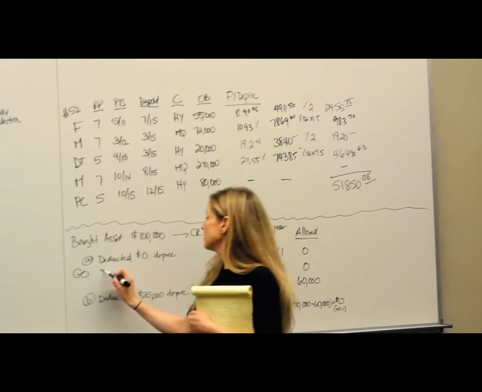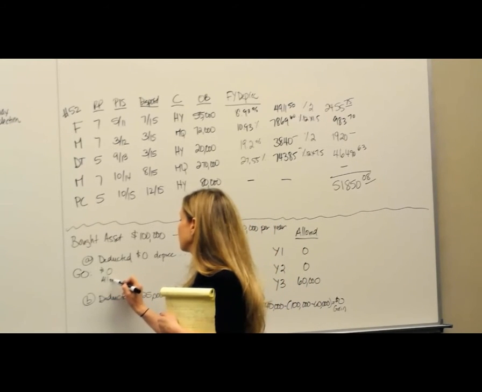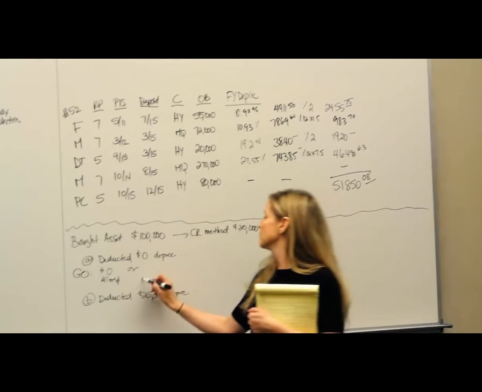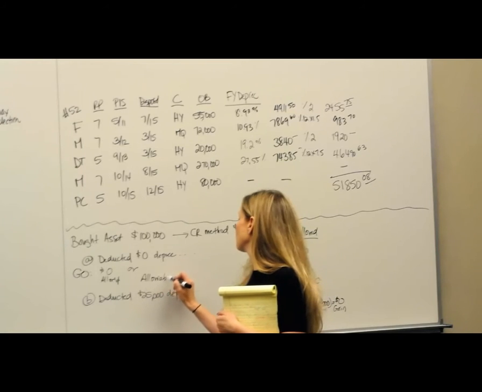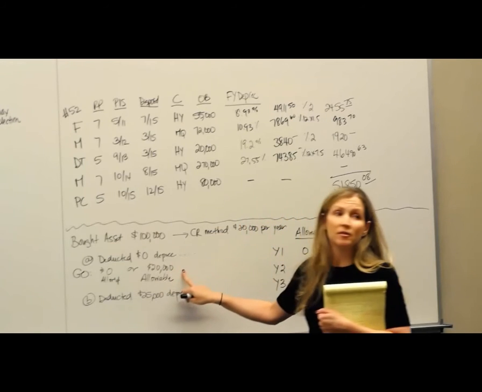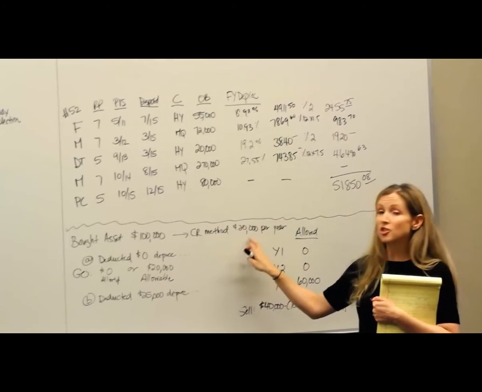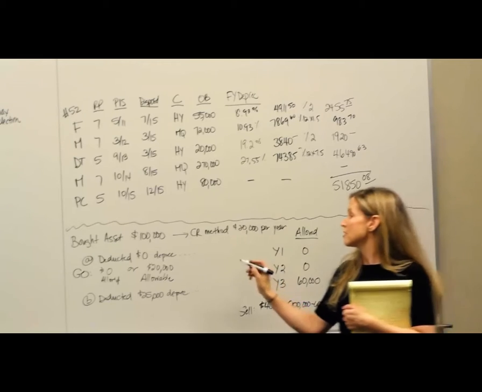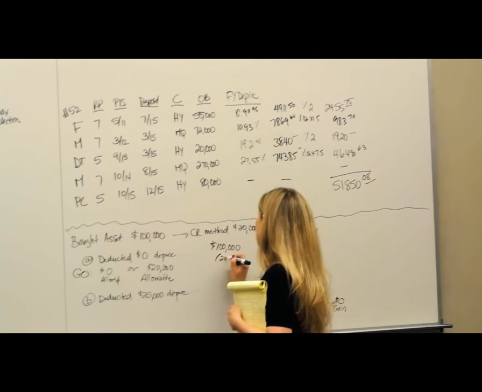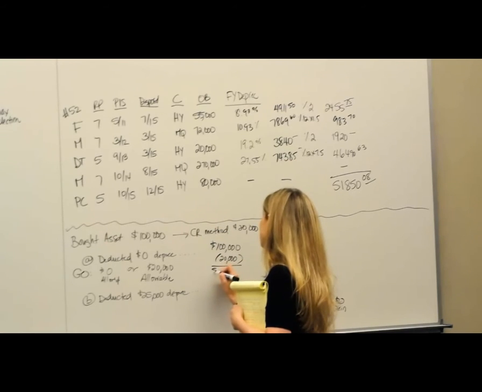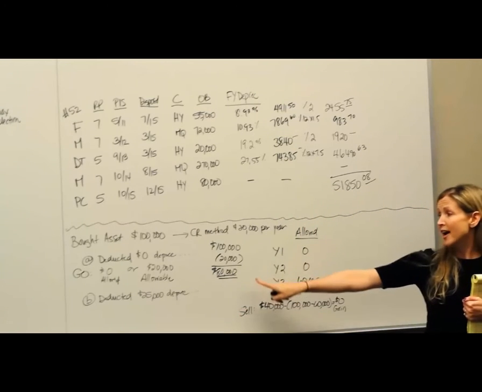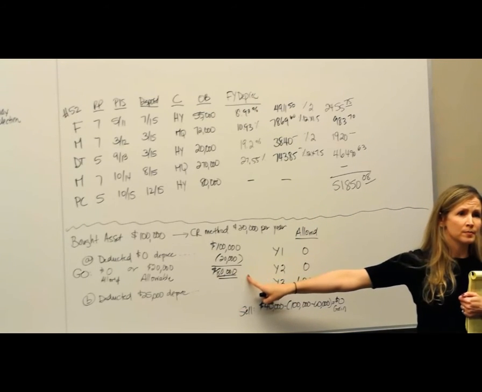So the amount allowed here was 0, or the amount allowable, and that is based on my cost recovery method. My cost recovery method says I should have deducted $20,000. So even though I didn't actually take any depreciation expense on my tax return, in the eyes of the IRS, I have an asset worth $80,000, okay?